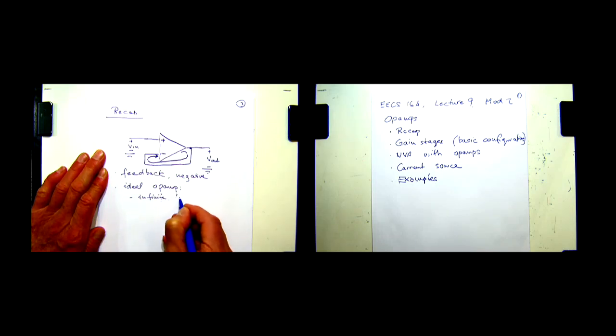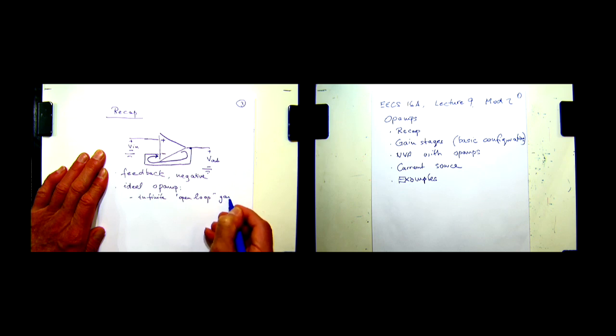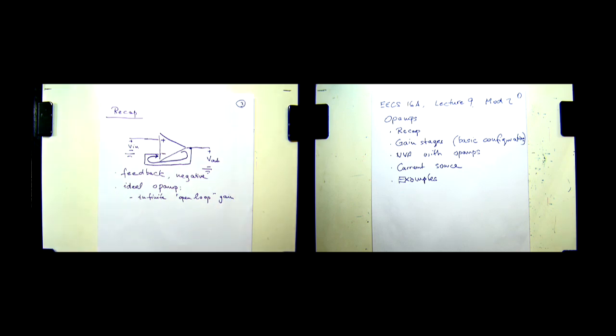Sometimes it's called open loop gain. And the reason this term open loop is used in conjunction with this infinite gain is that once we build circuits with operation amplifiers, very often we actually build amplifiers. Of course, we don't want to have a gain that is infinite. We want a gain that is 2 or 4 or 10 or whatever, right?